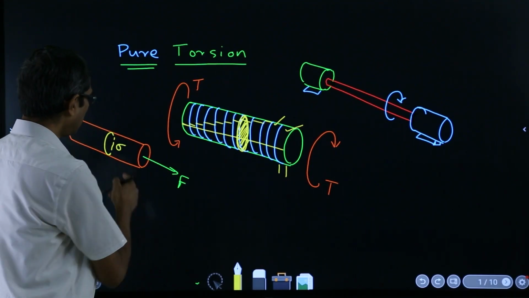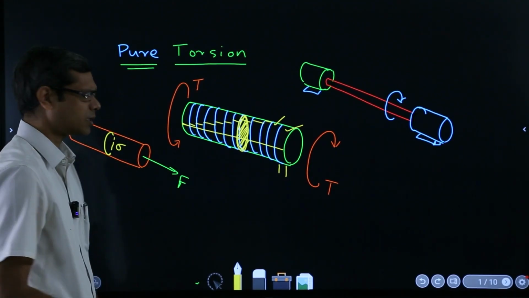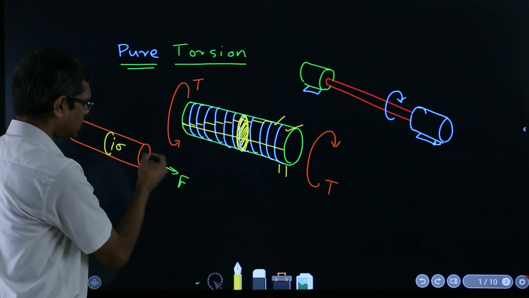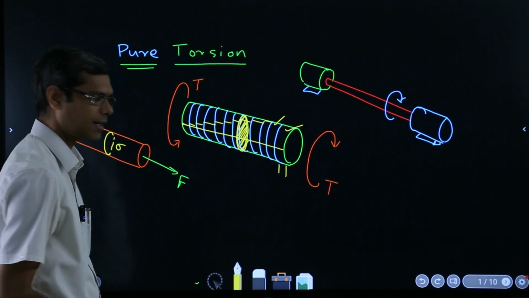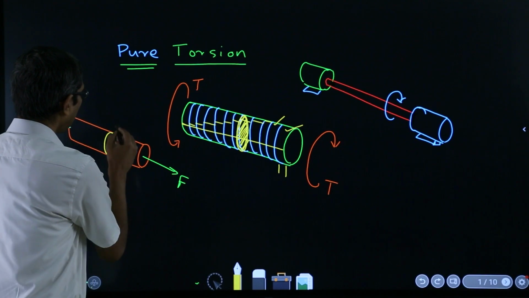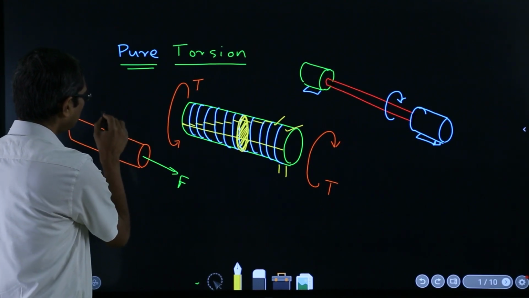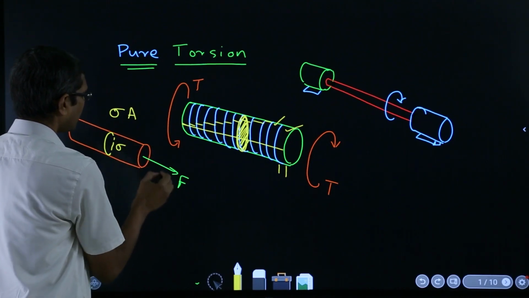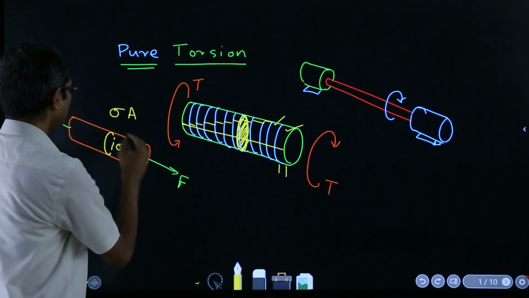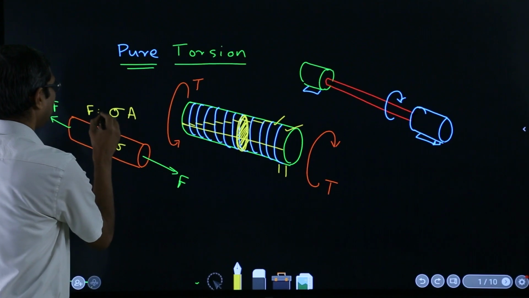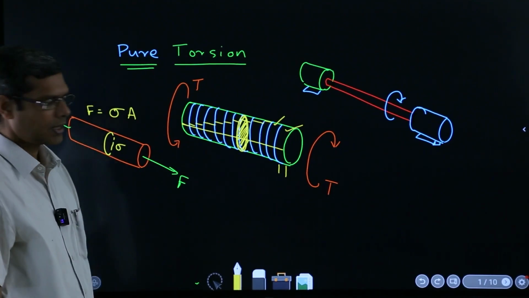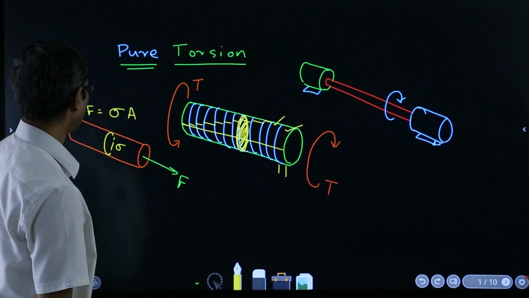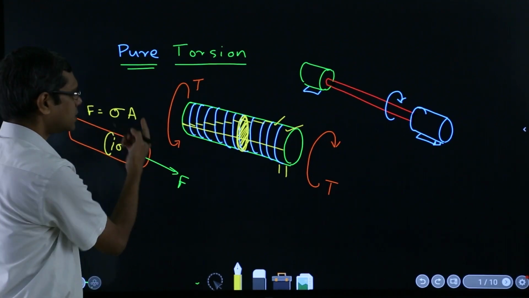It was an assumption, and quite a good one if you are away from the surfaces where the forces are actually acting. Because it was uniform, sigma times A was your F, right?